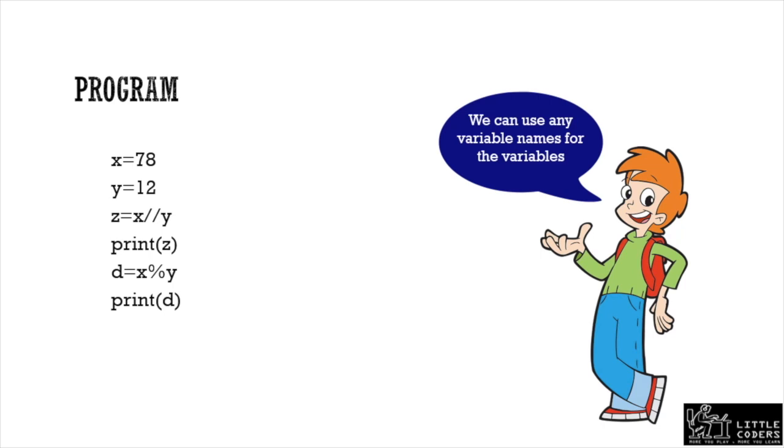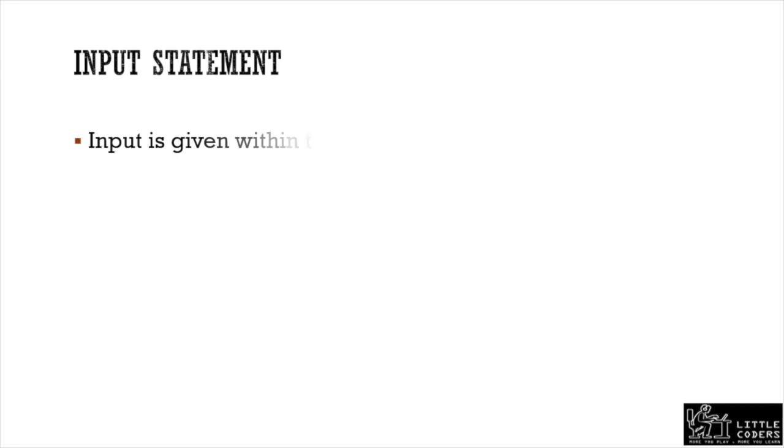Now, in the programs we have discussed so far, to find the sum of four numbers or this distribution of chocolates among the individuals, we are giving the input within the program itself.